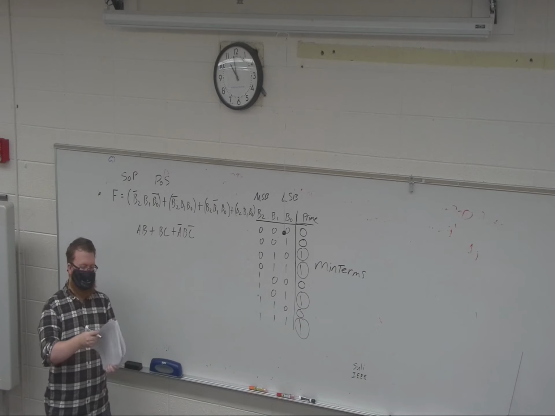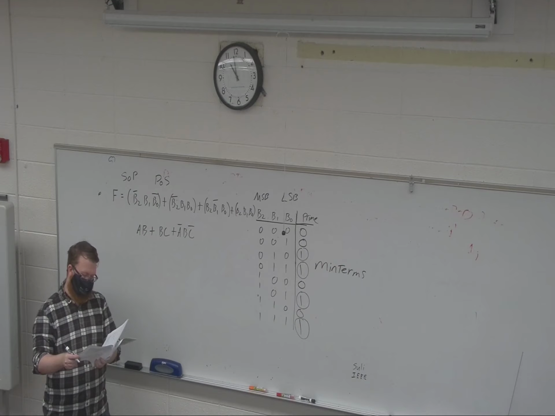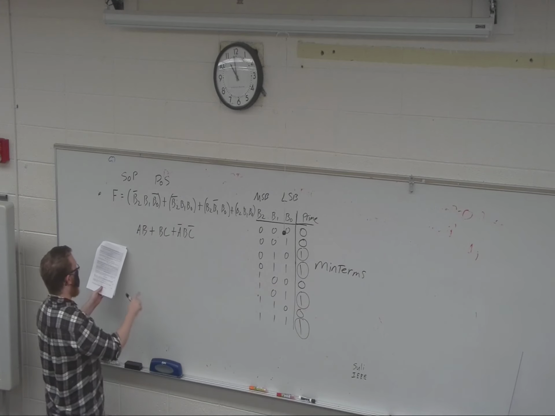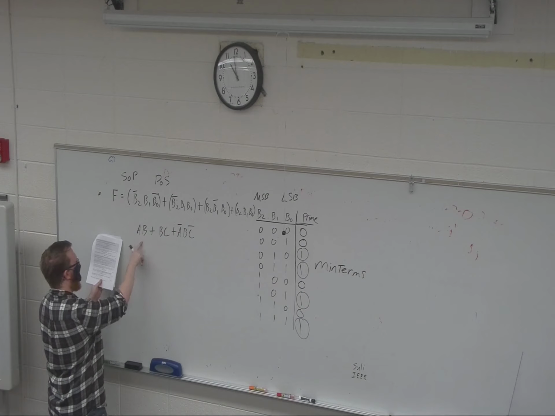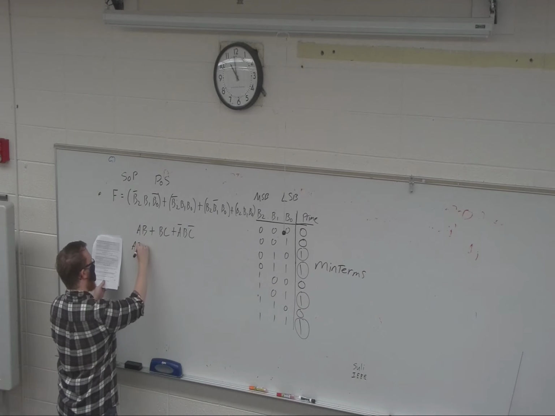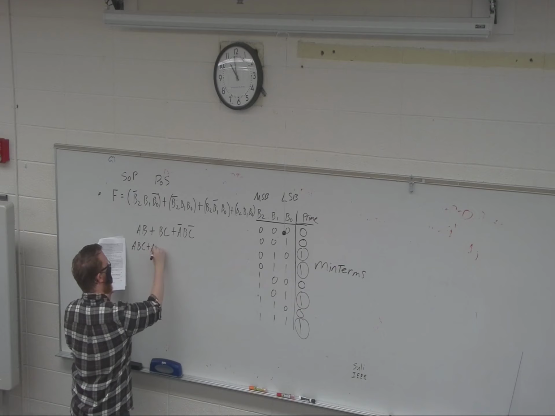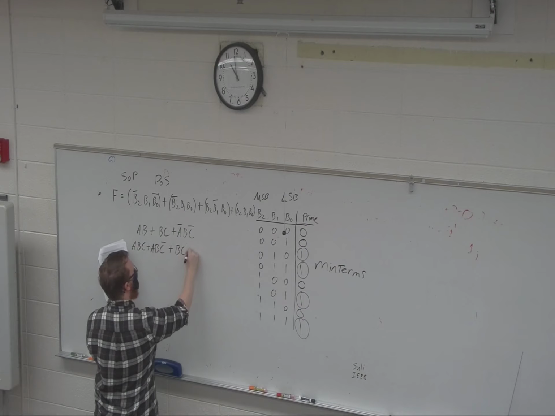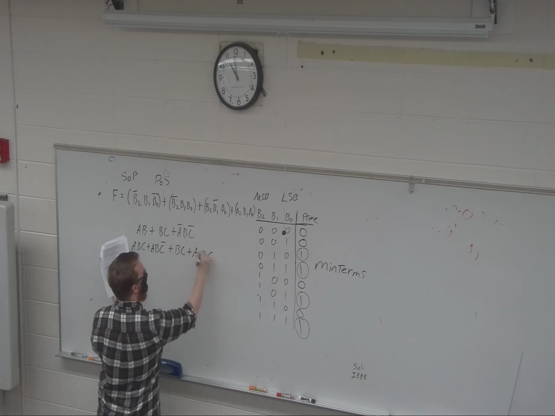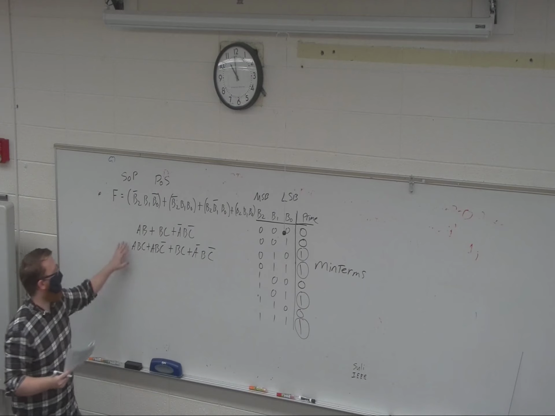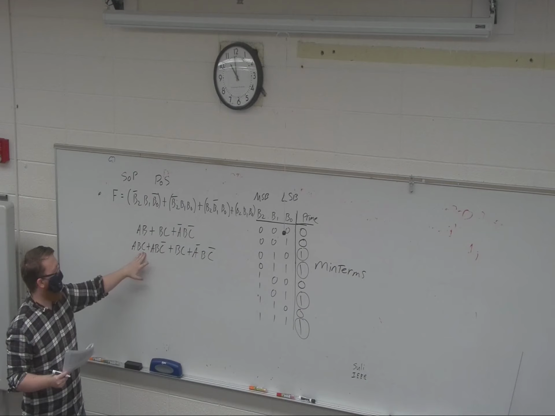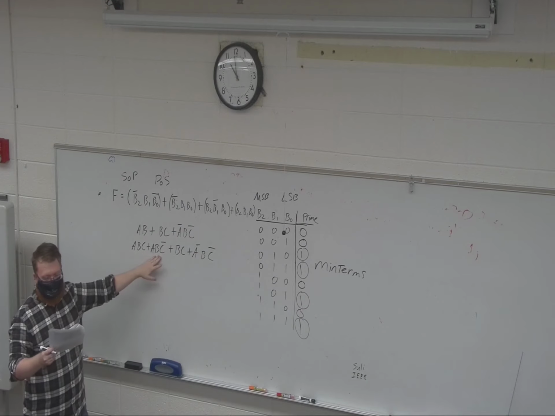We can go back to our little table, and we can use the logic adjacency theorem, and we can replace AB with AB, BC, and treat it as ABC or AB not C, right?